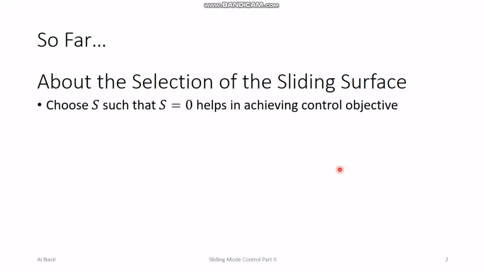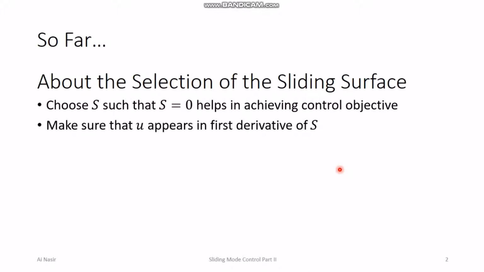First is that the sliding surface should be chosen such that S equal to 0 should help in achieving the control objective. And the second condition is that you have to make sure that the relative degree of the sliding surface is 1. That means that the control input u should appear in the first derivative of the sliding surface.